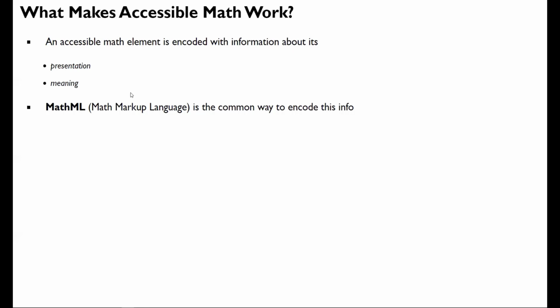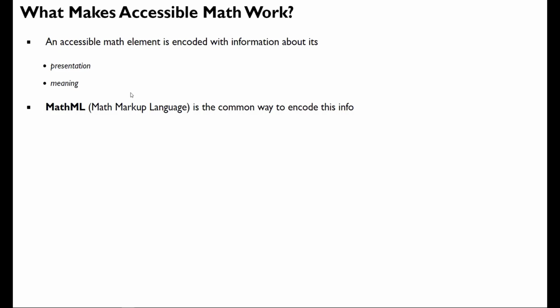So what makes accessible math work, like the math expression that I was showing to you just a moment ago? An accessible math element has information in it, or under the hood, if you will, that makes it accessible to somebody who's using assistive technology or a keyboard. It's sort of like, if you remember when you were in grammar school or you were studying linguistics, if you ever studied grammar, and broke it down into sentences.